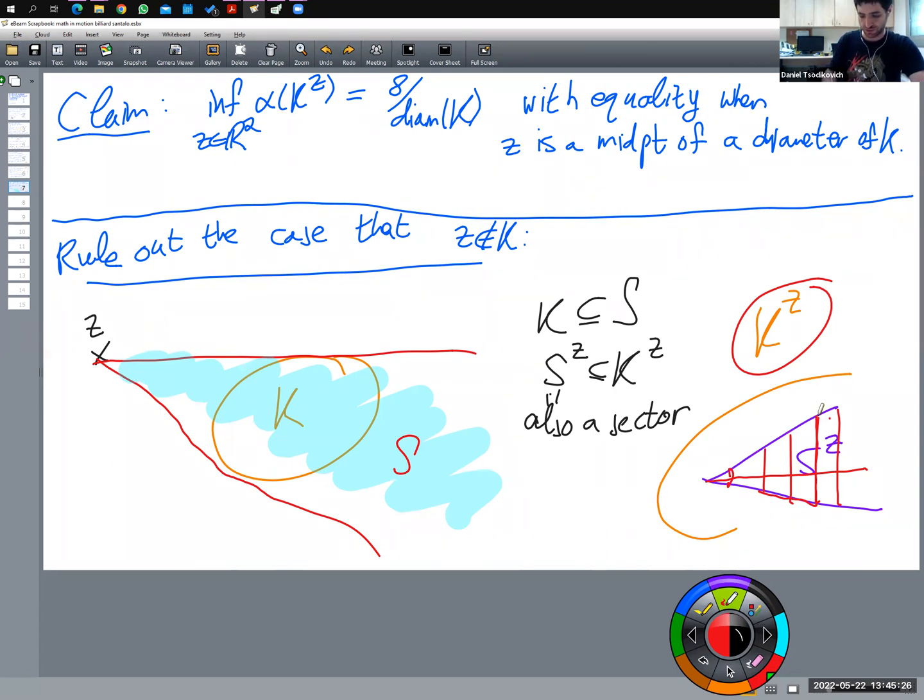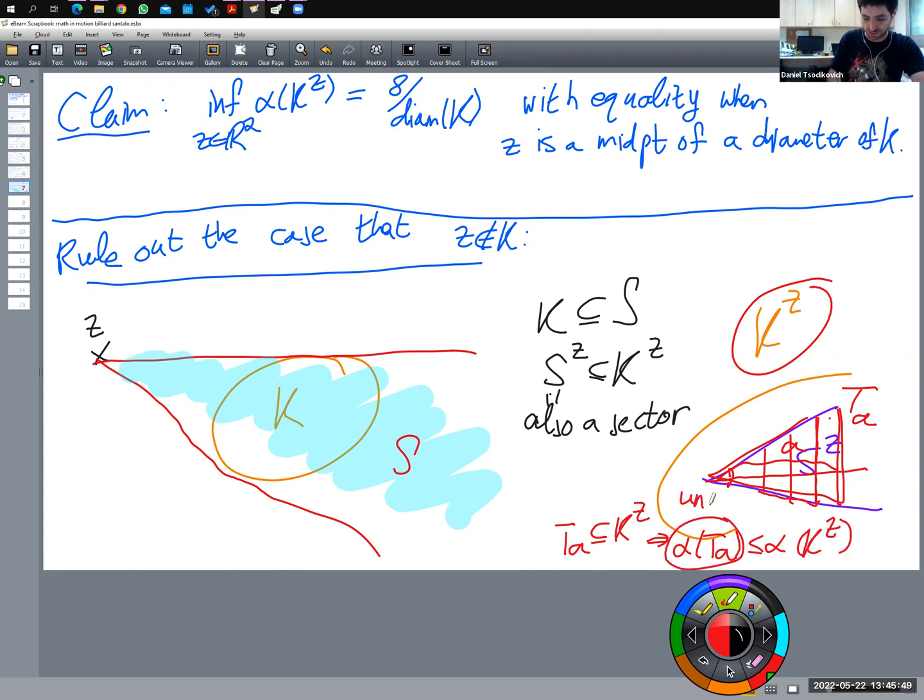And so we have here a family of triangles T_A with a parameter A. So we have that all of T_A are contained in KZ. But this means that their alpha must be smaller than alpha of KZ, but this is unbounded, because this is linear with A. So then we have some problem.